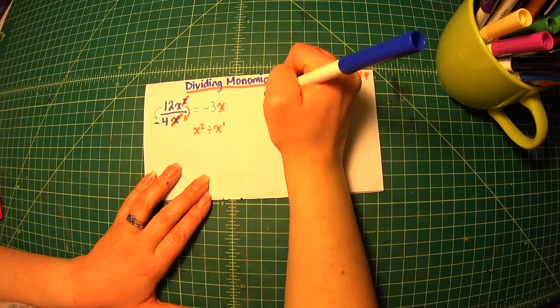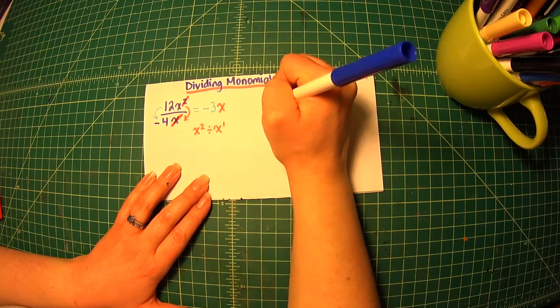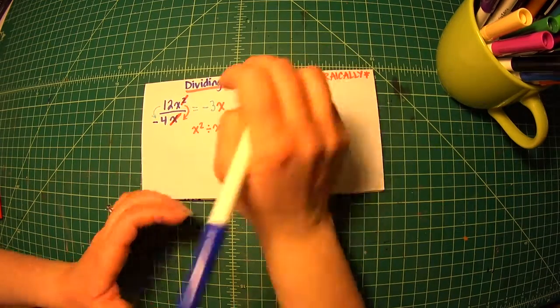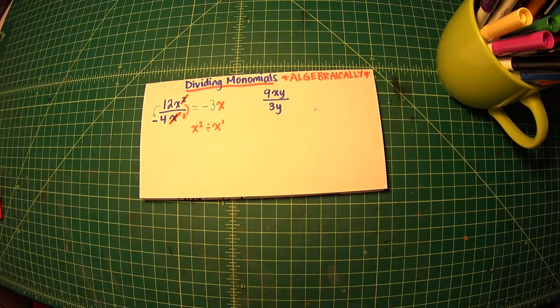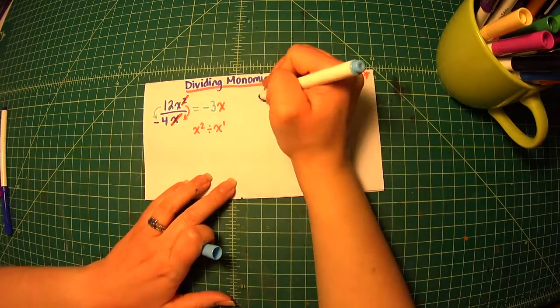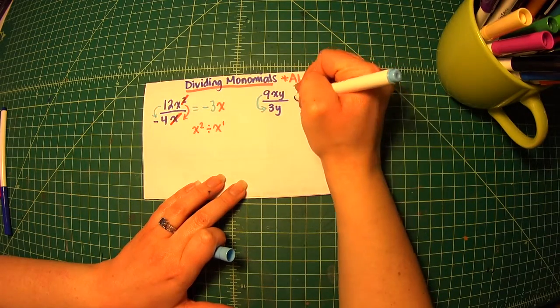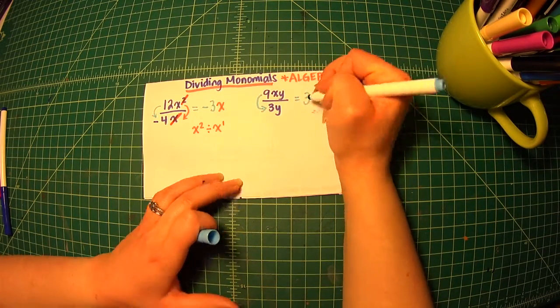So here we've got 9xy divided by 3y. So we've got 9 divided by 3, which gives me 3.